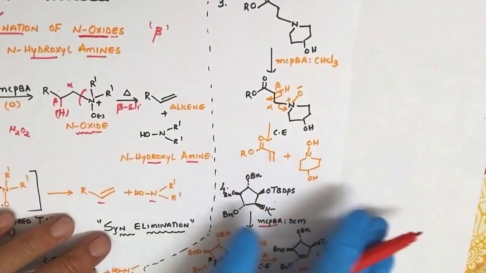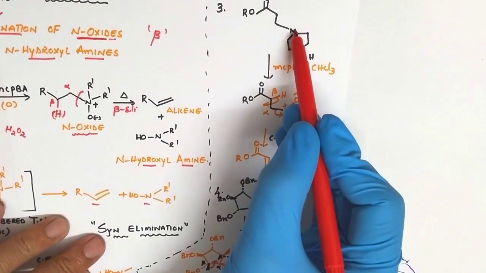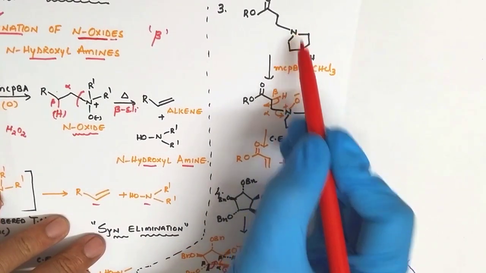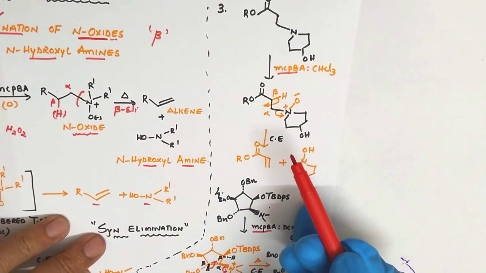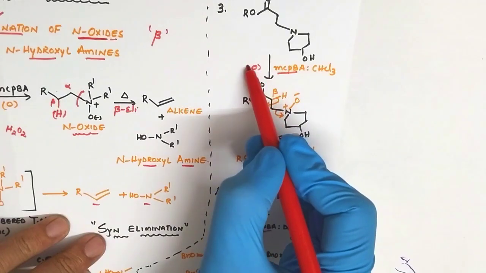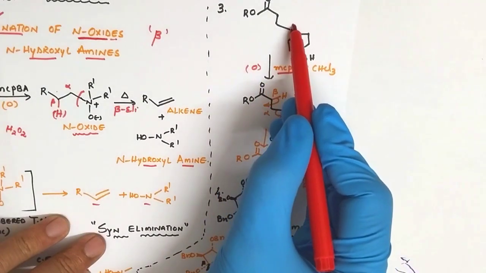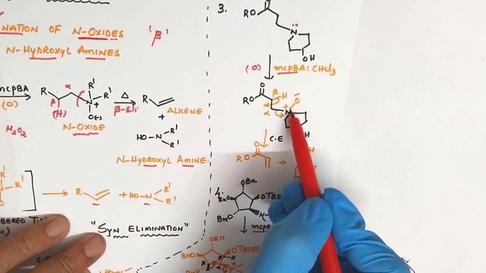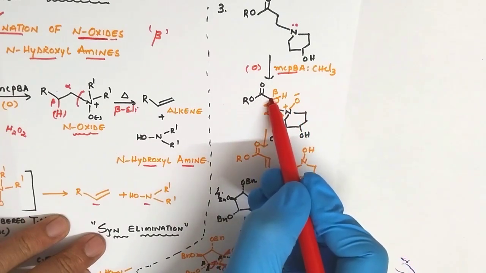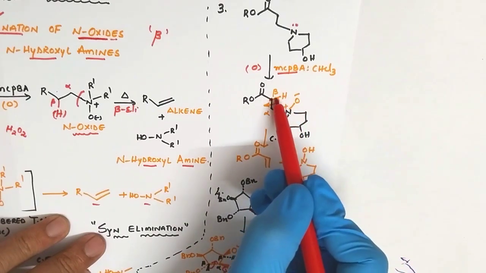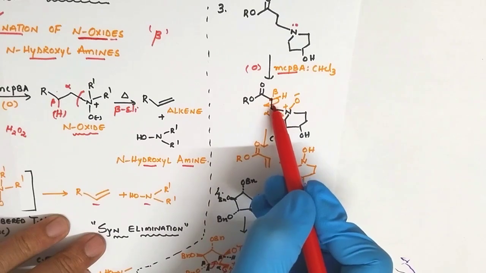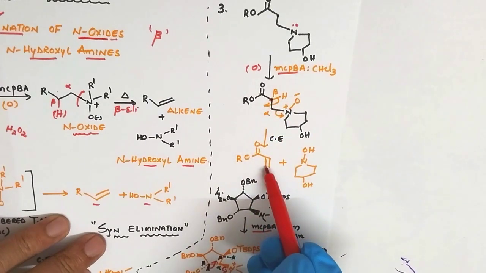Here also a similar kind. This is a tertiary nitrogen treated with metachloroperbenzoic acid. Oxidation takes place, so it will take oxygen and produce the corresponding N-oxide. The N-oxide has the beta carbon and beta hydrogen available. That's why simple pi bond formation takes place here.